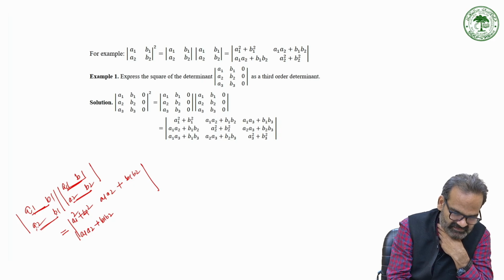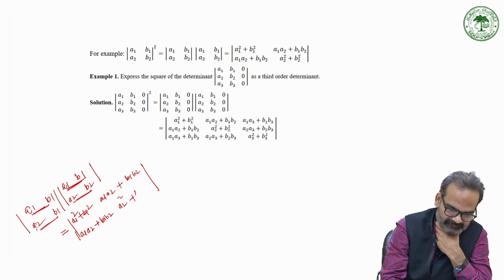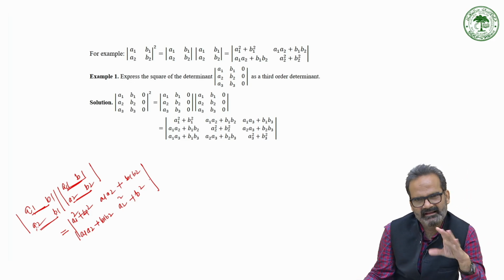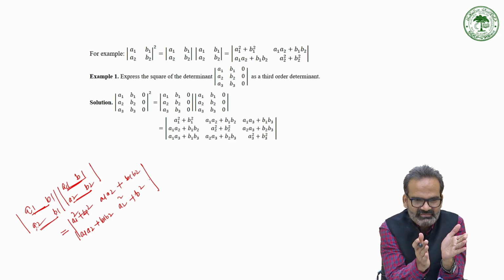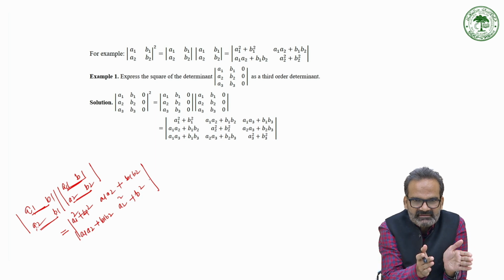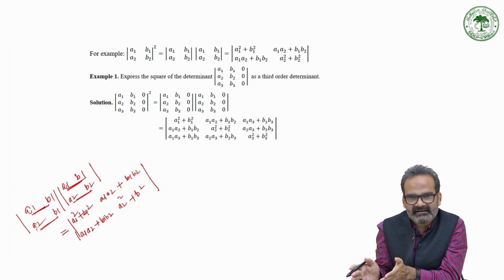And then this with this: a2 into a2 means a2 square plus b2 into b2 means b2 square, right? So this is how we can multiply two determinants. Rows of the first should be multiplied with the rows of the second. The second row of the first determinant should be multiplied with all rows of the second.